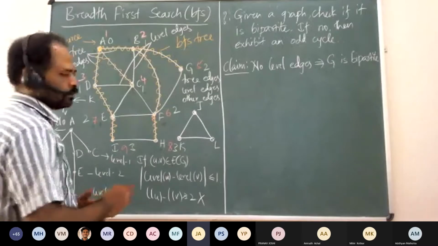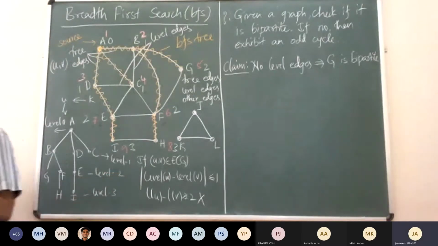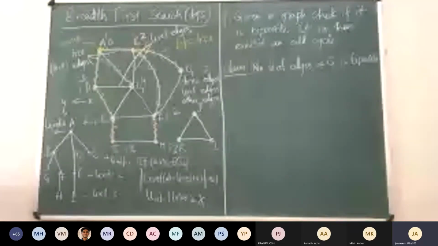In a bipartite graph, when we divide the vertices into two groups, there should be no edge within a group, and all the edges should be between the groups, right?